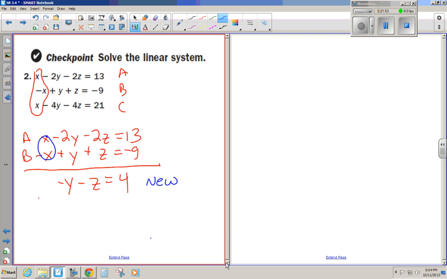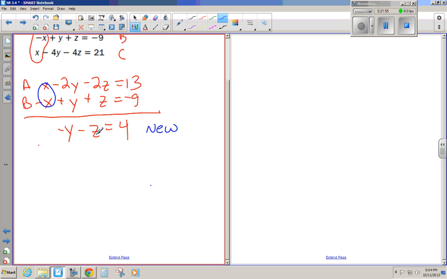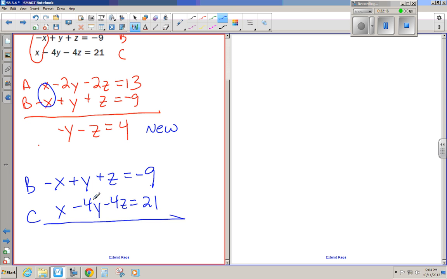Let's take a look at equation B and C now. You've got negative x plus y plus z equals negative 9. You've got x minus 4y minus 4z equals 21. And when you combine these, they're already opposites.